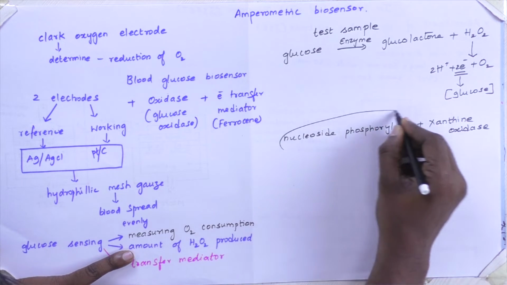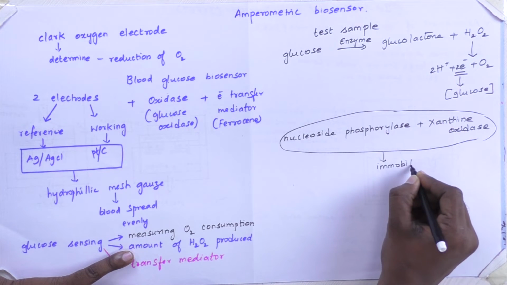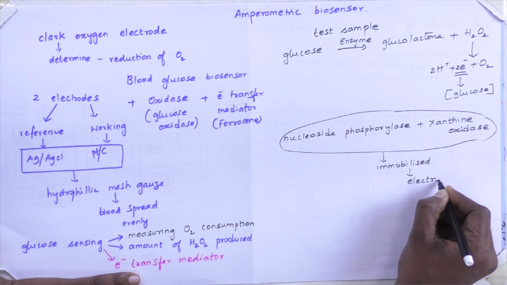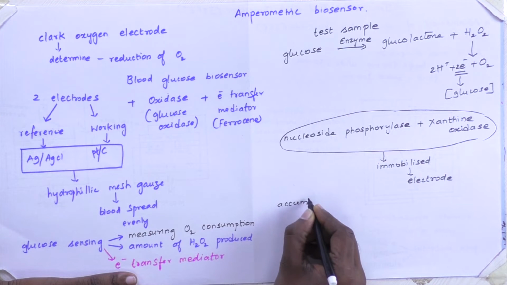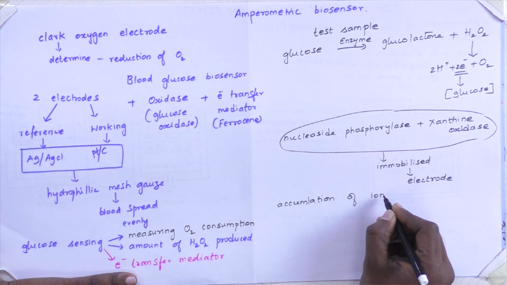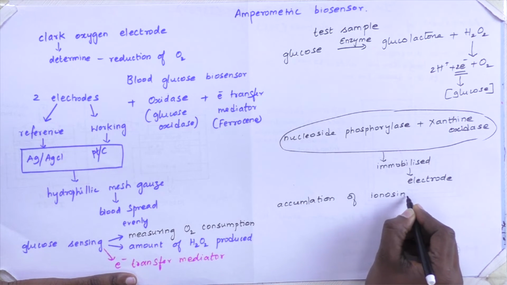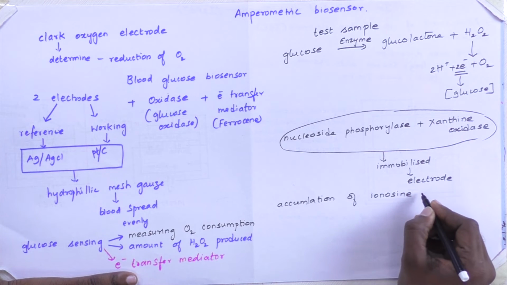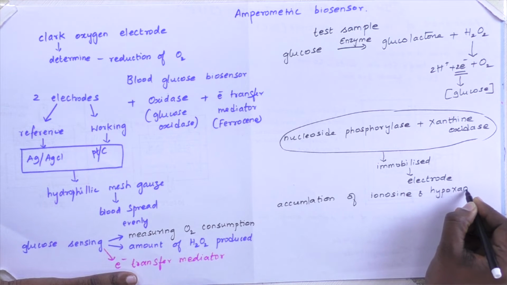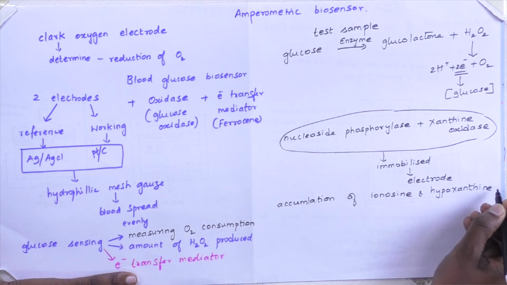These enzymes were immobilized over the electrode. So the freshness of fish is assessed based on the accumulation of inosine and hypoxanthine in relation with other nucleosides.